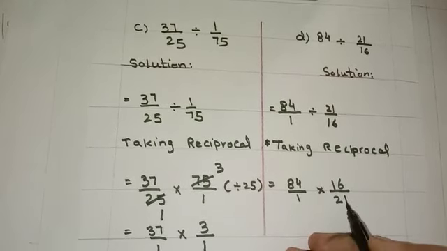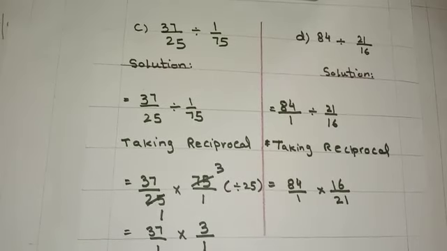Cutting is possible in the table of 21 itself, because 21 fours are 84, 4 ones are 4, 4 twos are 8.